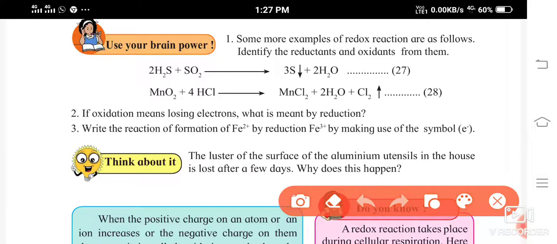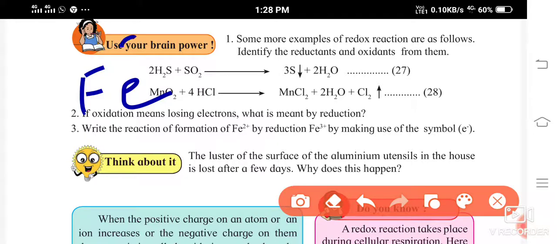Write the reaction of formation of Fe2+ by reduction of Fe3+ by making use of the symbol e minus. So how are you going to get Fe2+ by reduction of Fe3+?